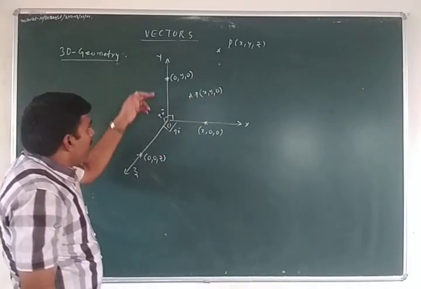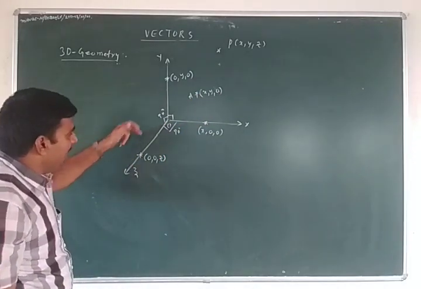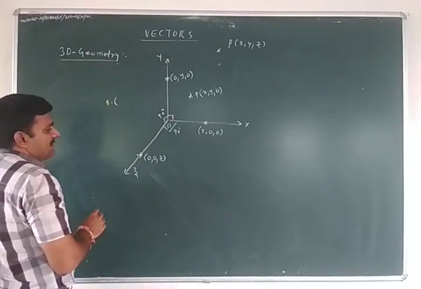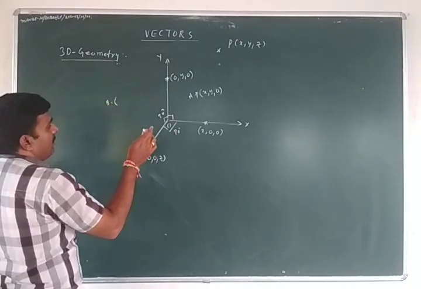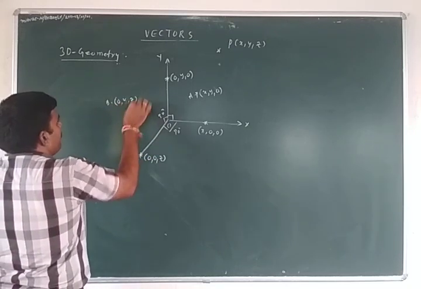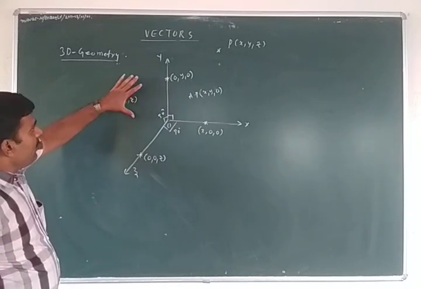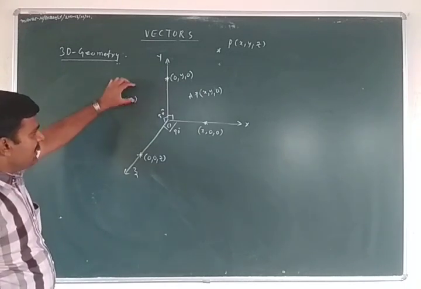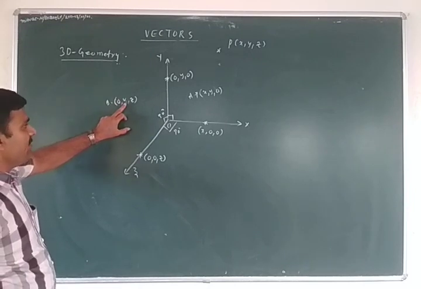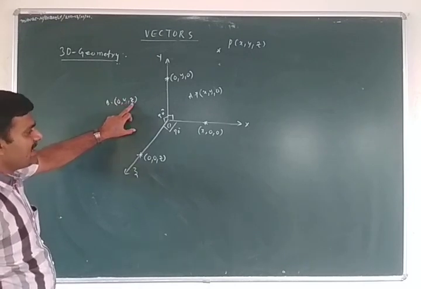Similarly, if a point lies on the yz plane, the x coordinate is 0, and the y coordinate and z coordinate stay as they are.